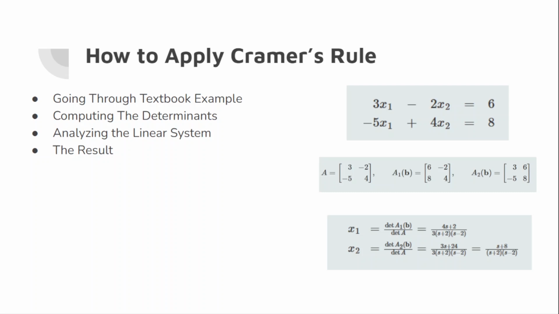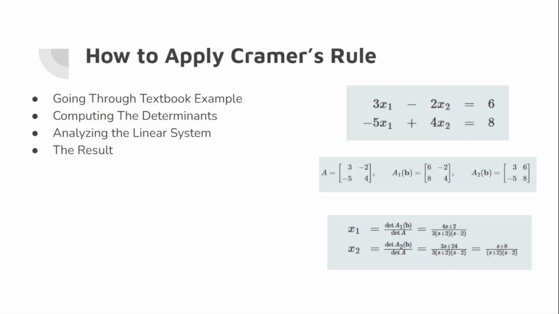And then with these determinants, Cramer's rule is finally applied, and x1 and x2 are found with the formula of determinant A_i over determinant A, with determinant A1 over determinant A, and determinant A2 over determinant A. Basically, you're just taking each of the two matrices that we just found, which were A1 and A2, and then dividing them by the original determinant.